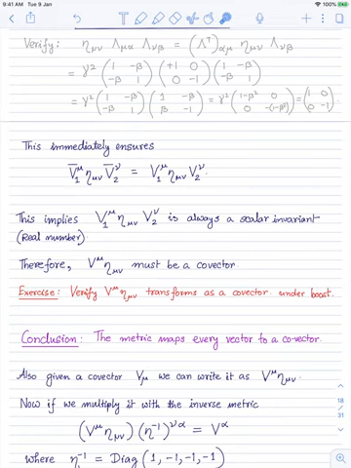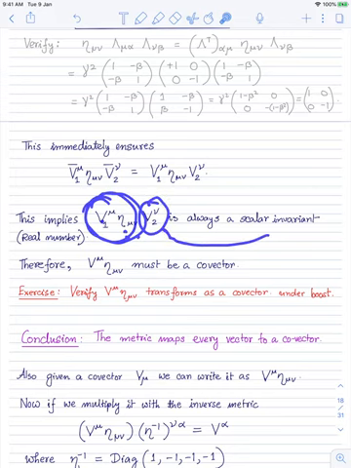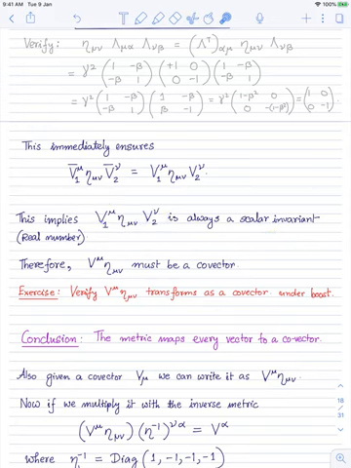Now, this object, eta times this vector, takes the vector v2 and maps it to a scalar invariant real number, and therefore this object can be thought of as a covector.